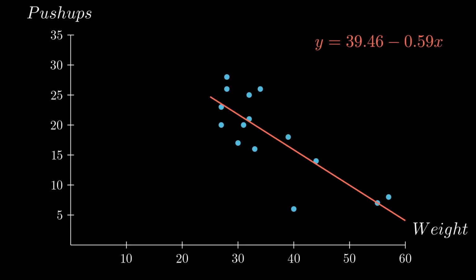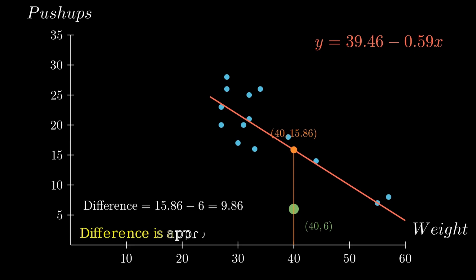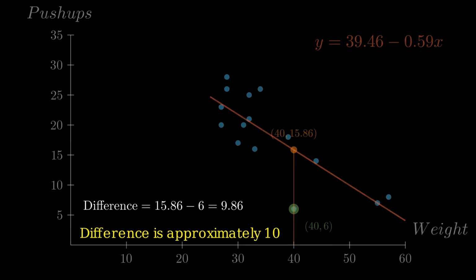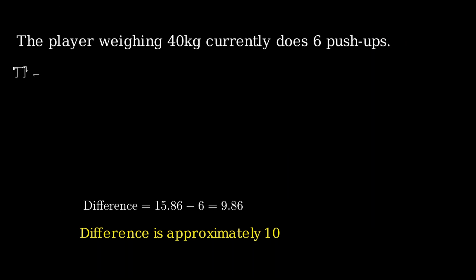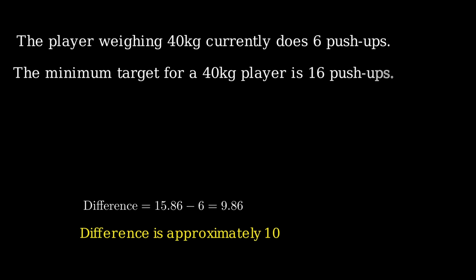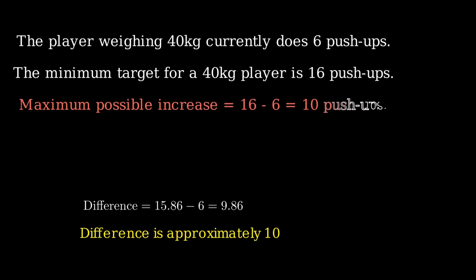And that gives us an answer of approximately 16. So for a 40 kilogram person, that's how many they should have done, but they've done 6. So the maximum number of push-ups that they're going to have to do more is going to equal 16 minus 6, which is 10 push-ups.